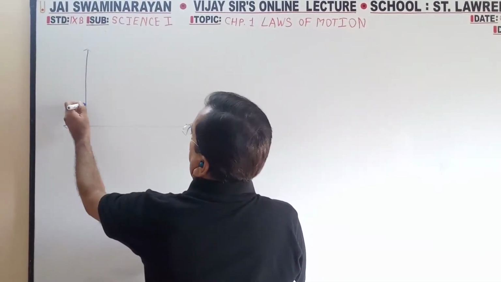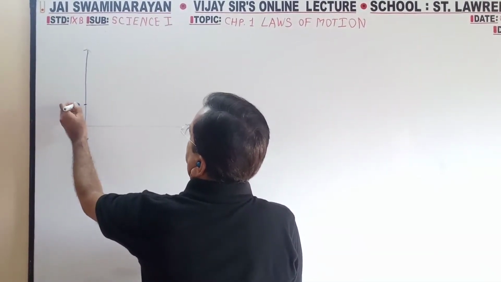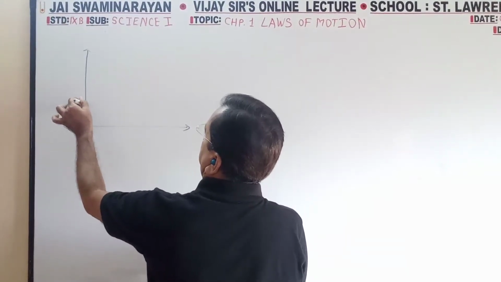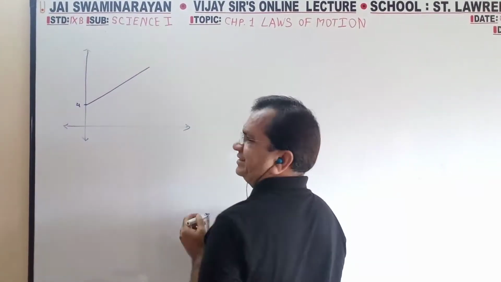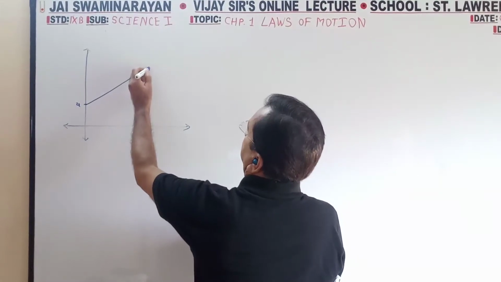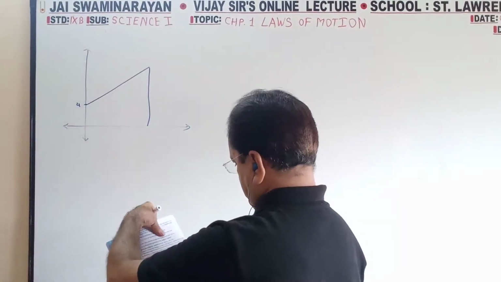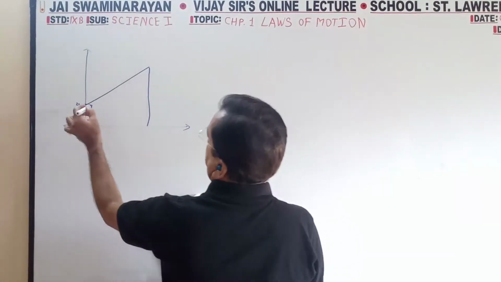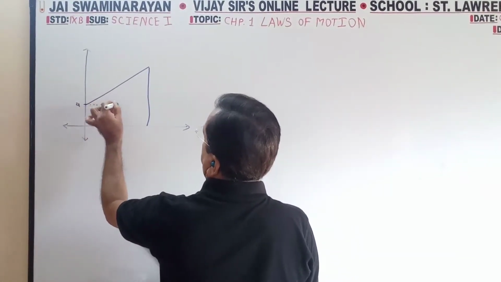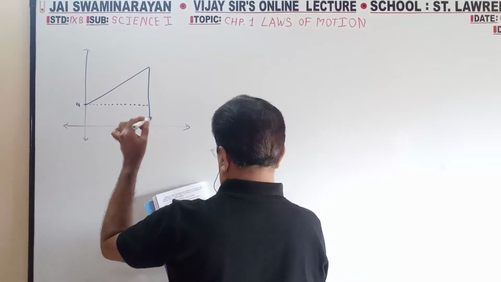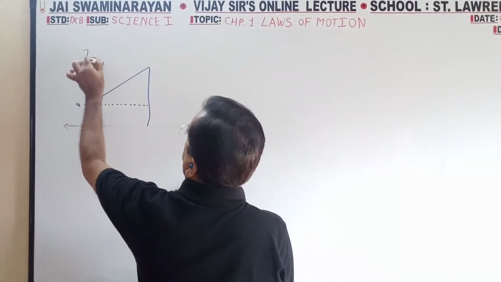The object is now at this U position. It is increasing its speed. So join this, and join this, and join this.